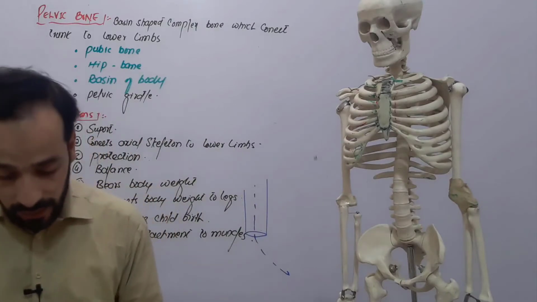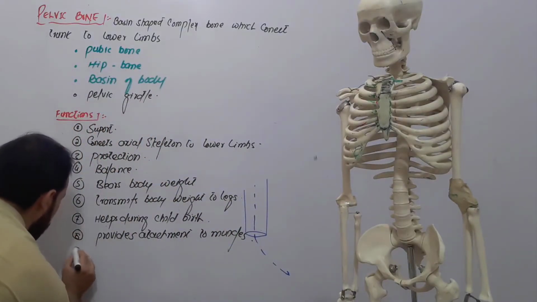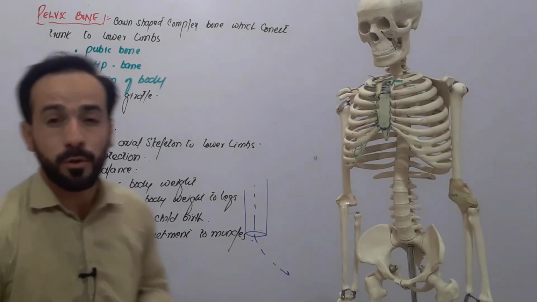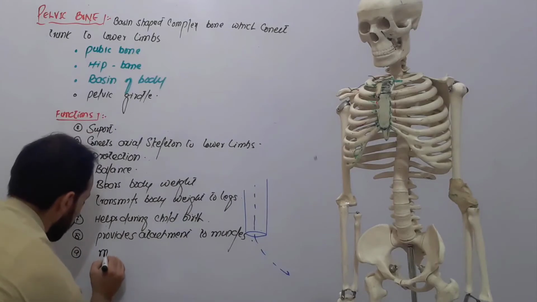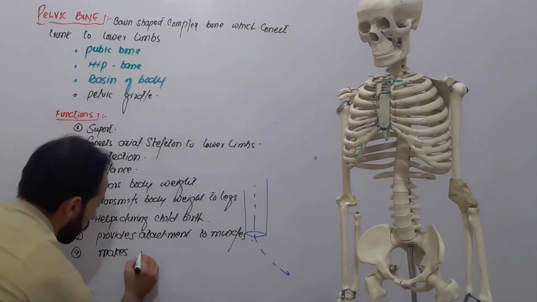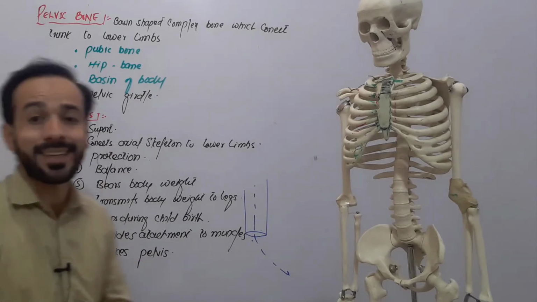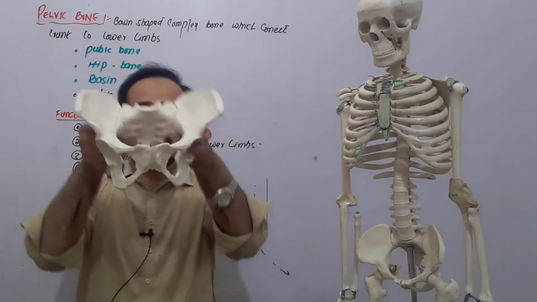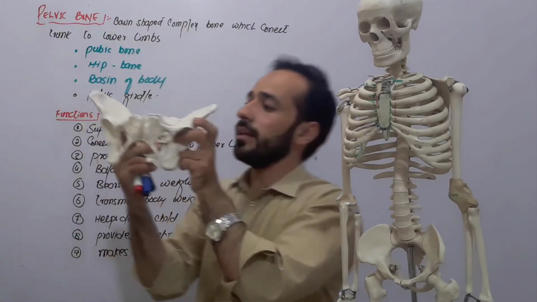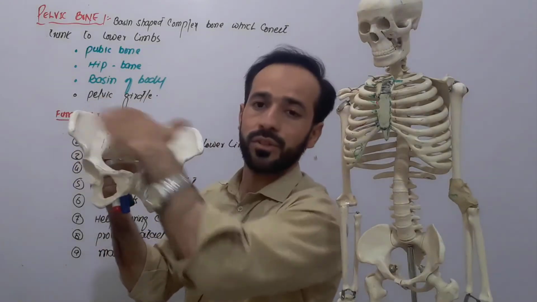And then certain other functions of your pelvic bone is that this bone is responsible to make the pelvis of your body. So I will write it here. It makes pelvis. How? We will discuss the pelvis in detail in the next coming lectures, but here look carefully. This is the pelvic bone, and here has been formed a cavity.